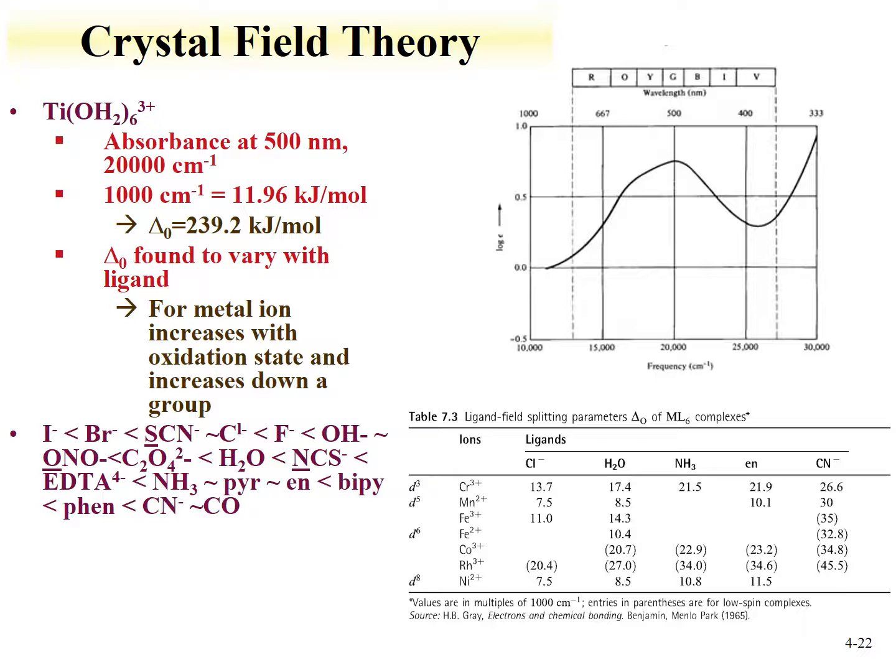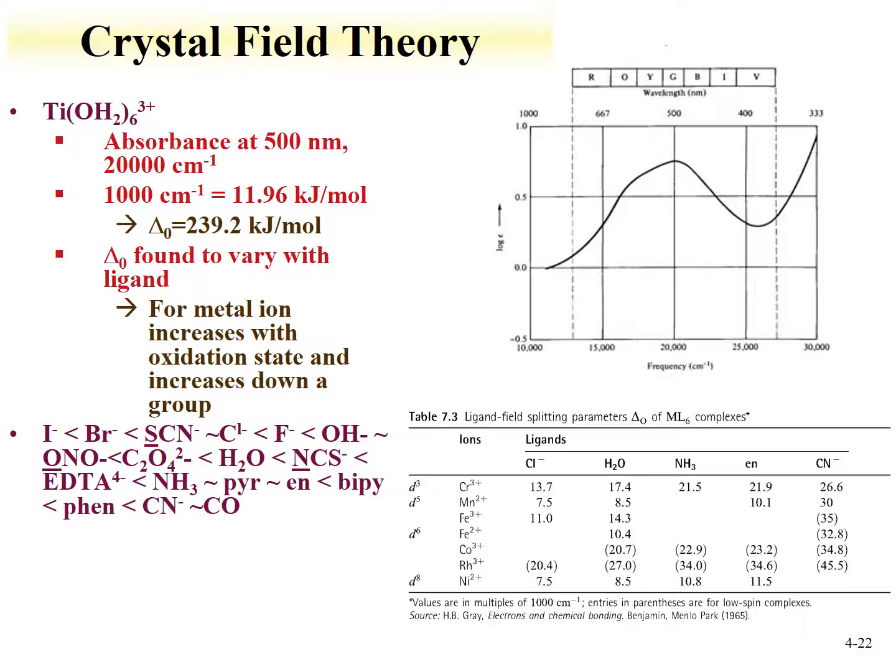An example of that measurement is provided here for a titanium aquo species, where we see the absorbance, measured here in wavelength and here in wave numbers. We can use this to determine the ligand field splitting parameter, and it's found that the splitting parameter varies with the ligand.